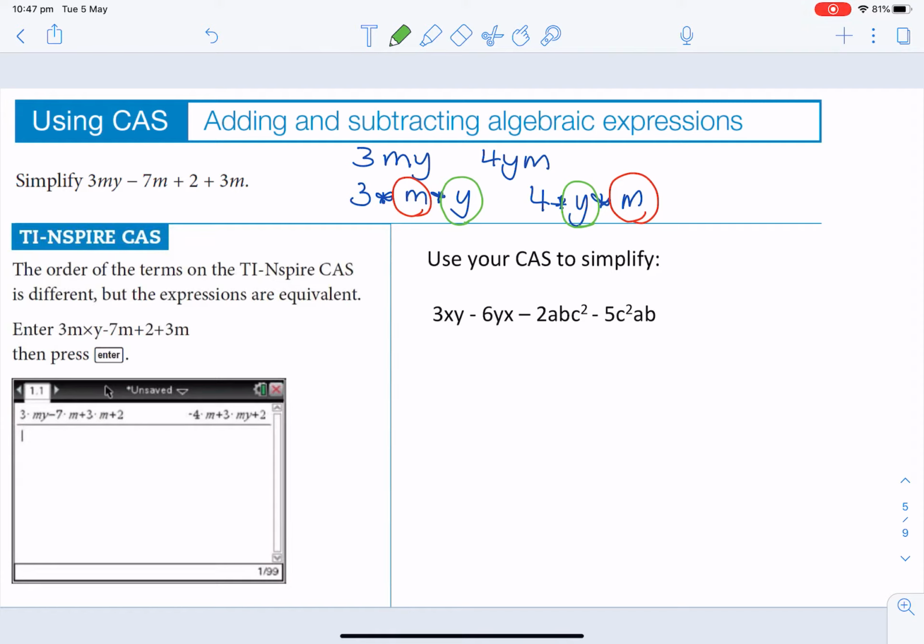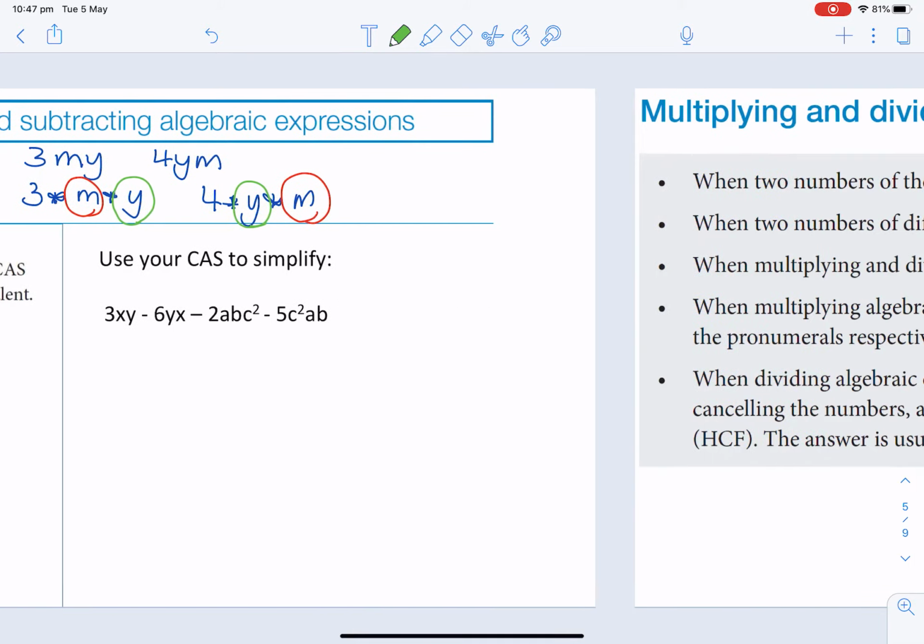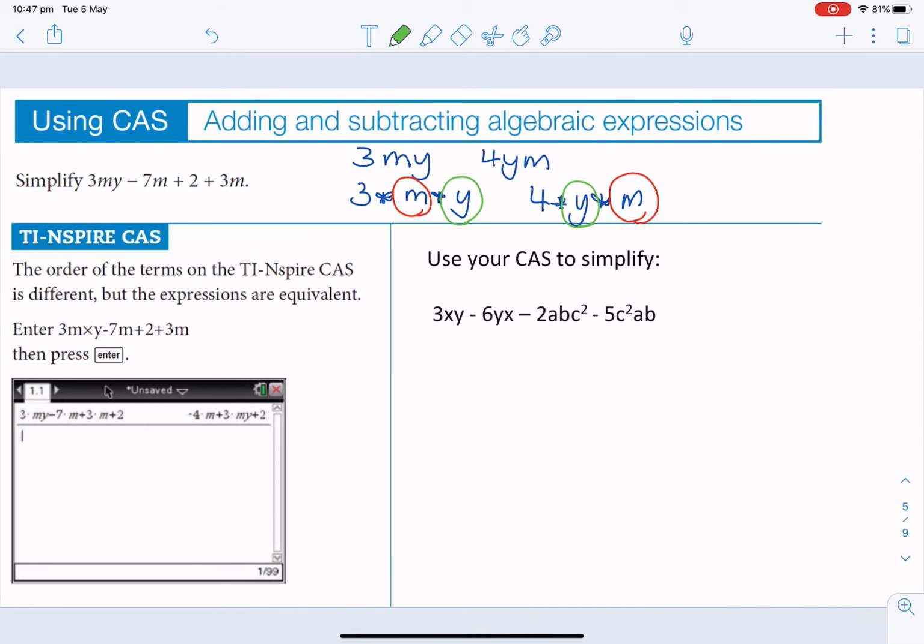Use your CAS to simplify 3xy minus 6yx minus 2abc squared minus 5c squared ab. I'll pop it on this page in a second. I'm jumping ahead a little bit.